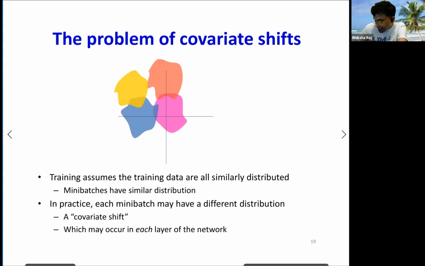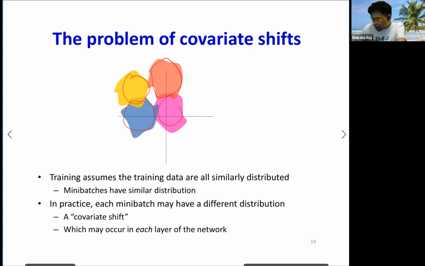In practice, though, each mini batch may have a somewhat different distribution as illustrated here. In other words, each mini batch has a covariate shift with respect to the others. So this mini batch is generally shifted with respect to this one. Both of them are shifted with respect to this one. All of them are shifted with respect to this one.